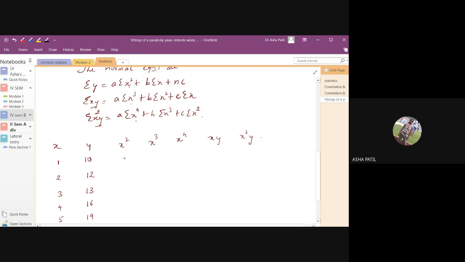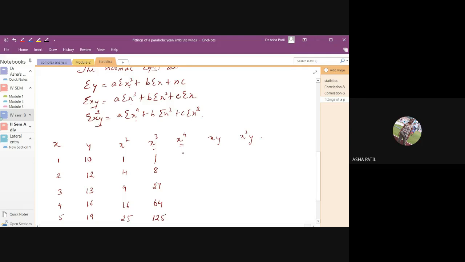Now x square. You can write orally 1, 4, 9, 16, 25. X cube. If values are complicated and you are using a calculator, as soon as you complete x square, multiply again by x and write x cube. See that you do it at a time, otherwise it will consume lots of time. X cube now: 1, 2 cube is 8, 3 cube 27, 4 cube 64, 5 cube 125.